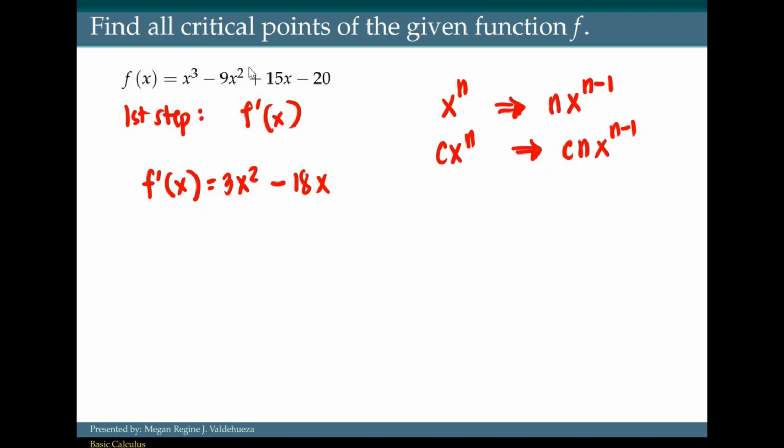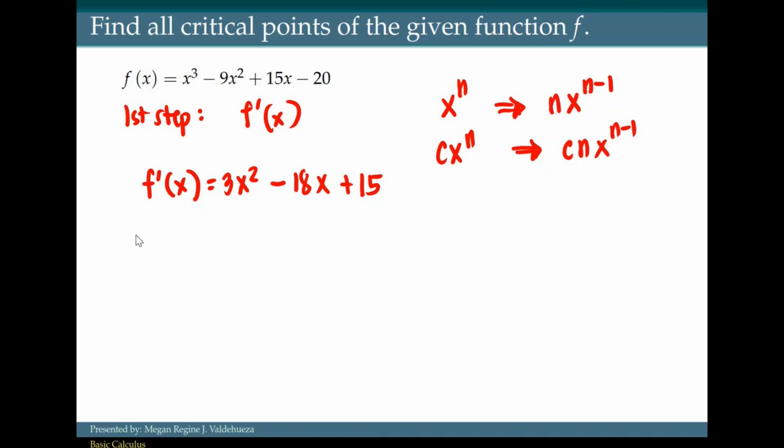So the derivative of that expression is negative 18x, plus 15x. We all know that this has an exponent 1. So 1 minus 1, 0. Then x to the power of 0 is 1 times 15. So we have 15. Then the derivative of a constant equal to 0. So we have the derivative of the function.